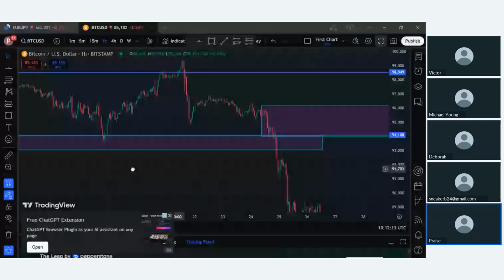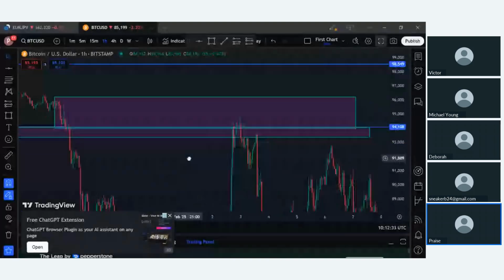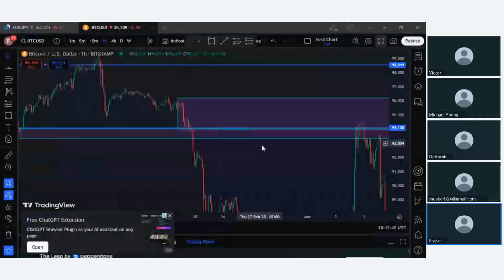Now that we have seen our support zone, we also want to identify the supply inside. So these are the two places we'll be looking for entry. If the market should come to this zone, this, our supply resistance zone, which was previously support to this move that is now broken, we want to look to take entry, all right?